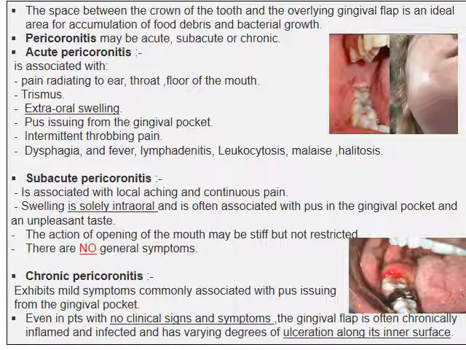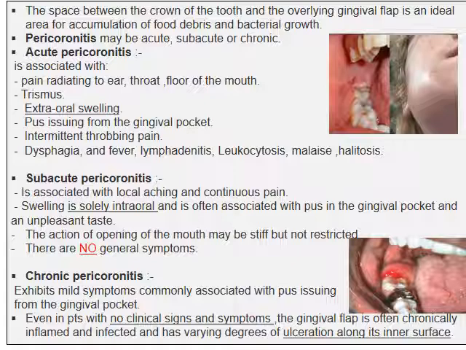The space present between the crown of the impacted tooth and the overlying soft tissue, the operculum, is an ideal area for the accumulation of food debris and dental plaque, and assists bacterial growth, and this assists infection.